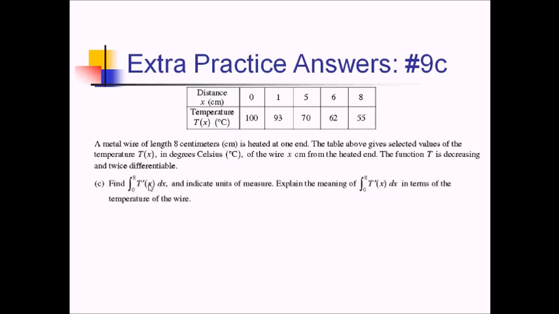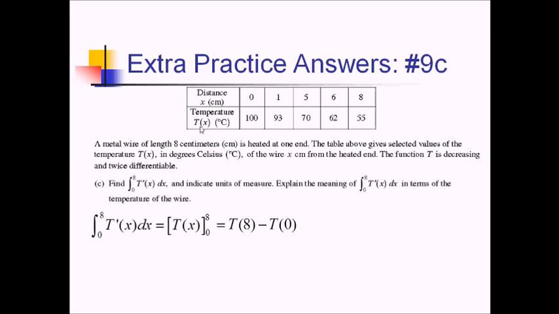For this part of the problem, they want us to find the integral from 0 to 8 of t prime of x dx and indicate units of measure, and then explain it in terms of the temperature of the wire. So taking the integral here, we need to find the antiderivative of t prime, and that antiderivative is just going to be t. So we're taking t of x from 0 to 8, so t of 8 minus t of 0.